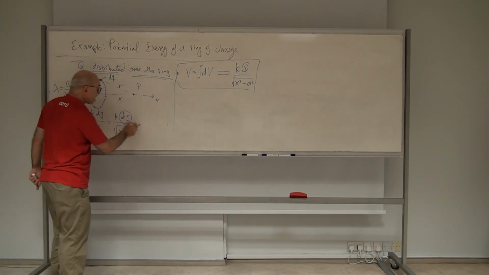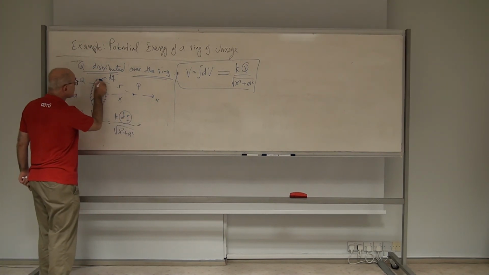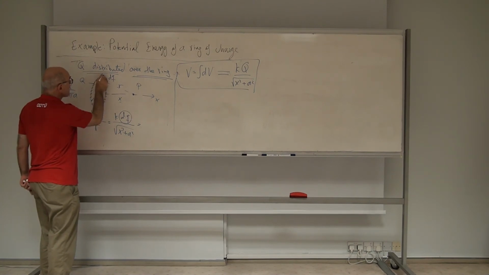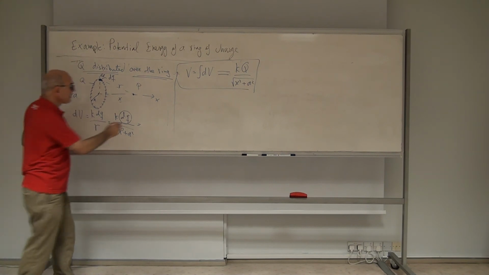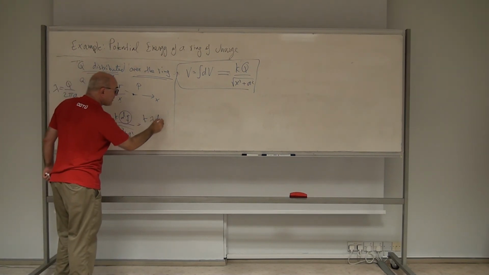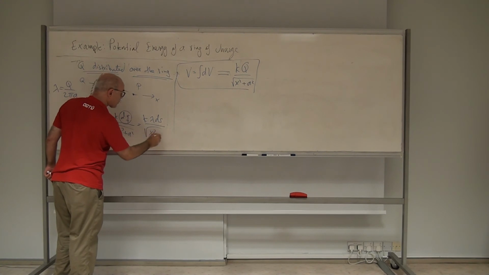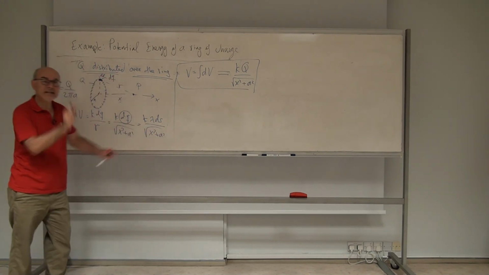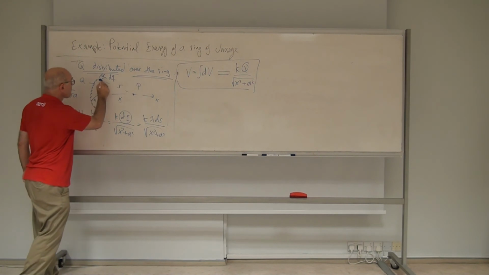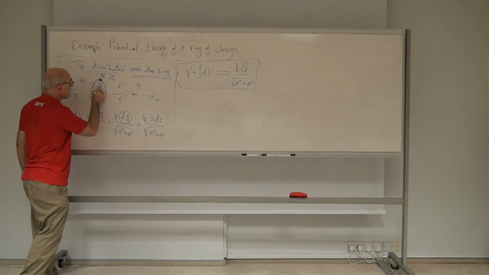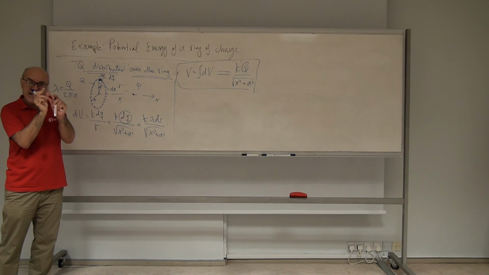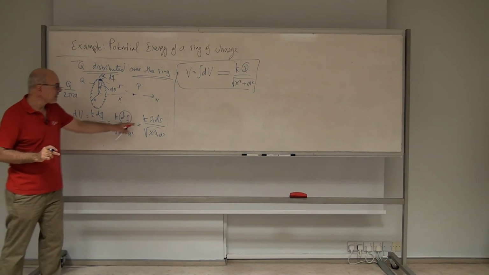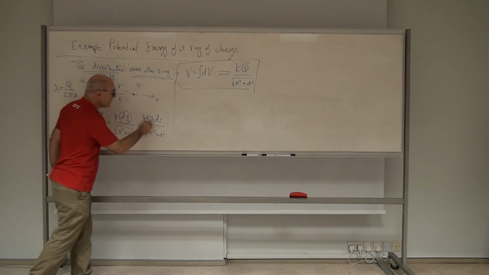And so dv here is just k lambda ds over the square root of x squared plus a squared. What is ds? This is the arc length, and this arc length is subtended by an angle d theta.